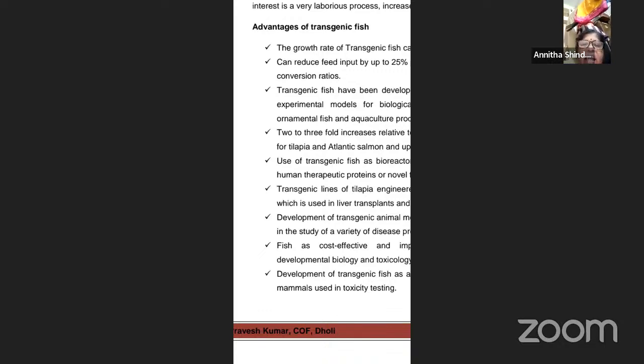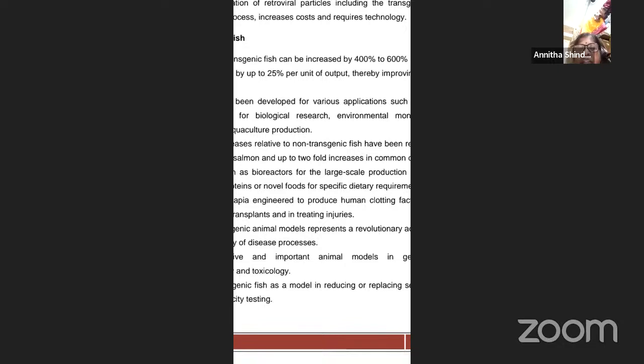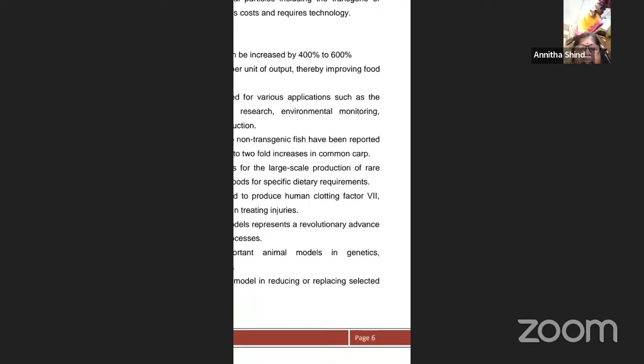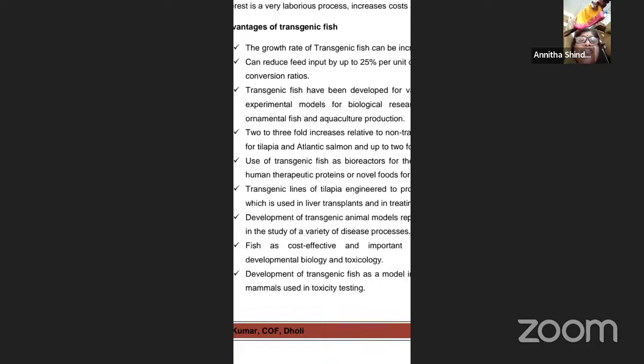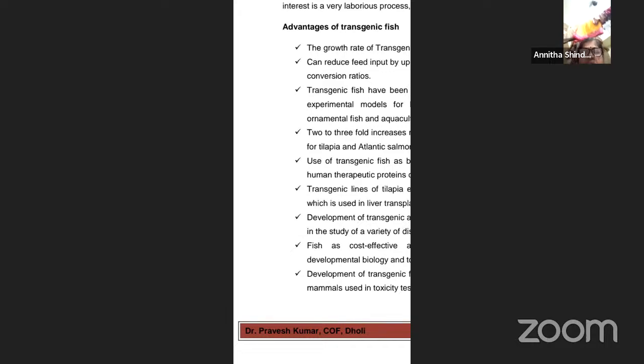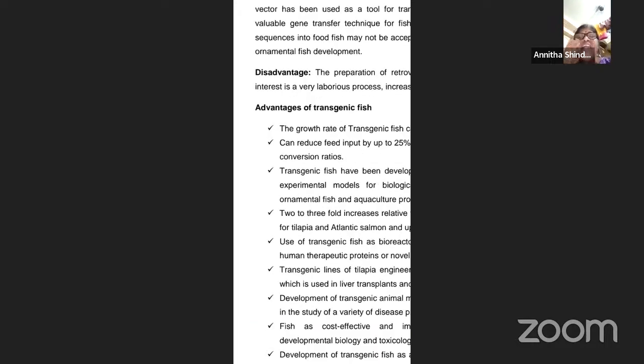So what they are saying is, lastly, transgenic fish can be used in toxicity testing instead of the mammals that are being used. So you can replace the selected mammals, especially the mammals which are used as models, or you can reduce the selected mammals and use a transgenic fish in place of that. So these are the different advantages of the transgenic fish.